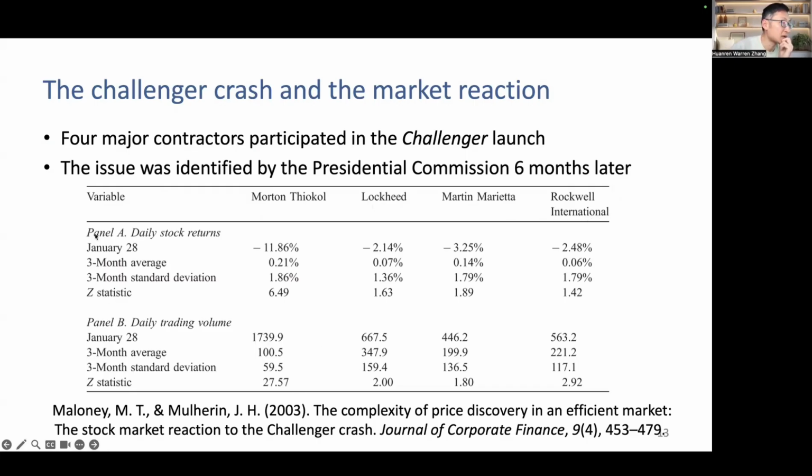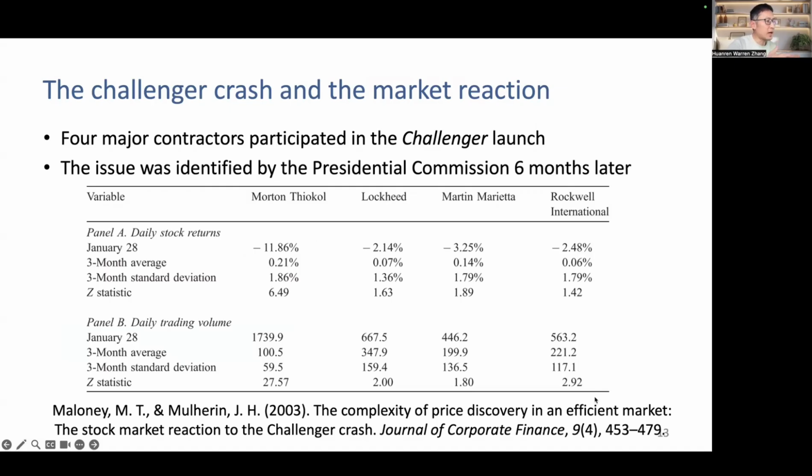So on January the 28th, just right after the crash, we observe a consistent drop in the stock price. It's interesting to see that Morton Thiokol has dramatically decreased its price compared to the other 3 contractors.